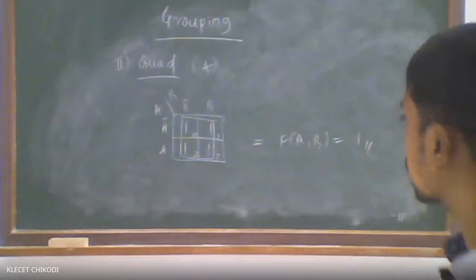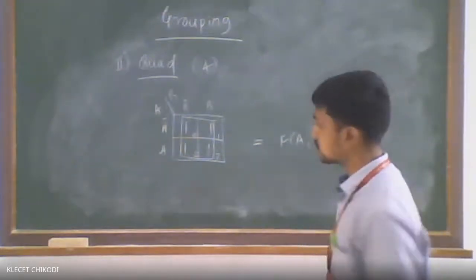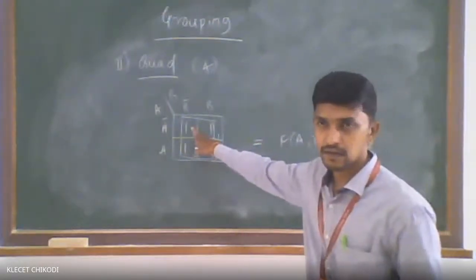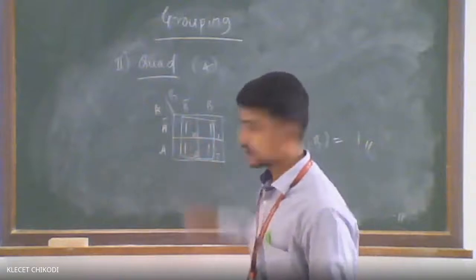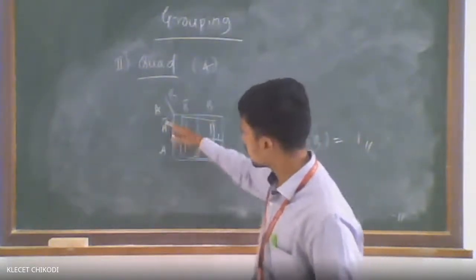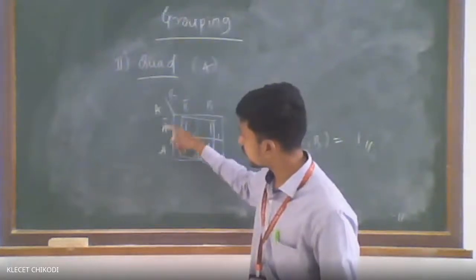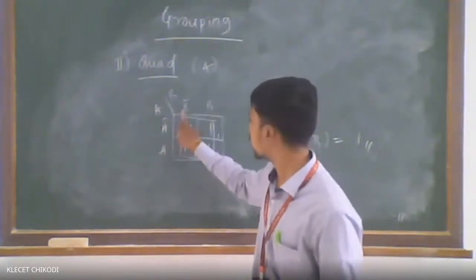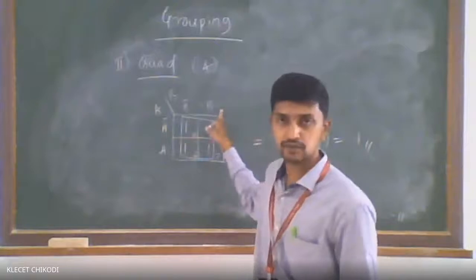Because you can see that here you are making a pair, fine, and here the value is changing from A bar to A as well as the B bar to B also.